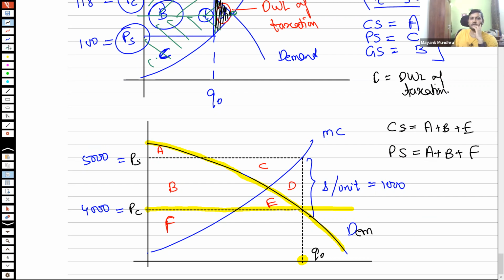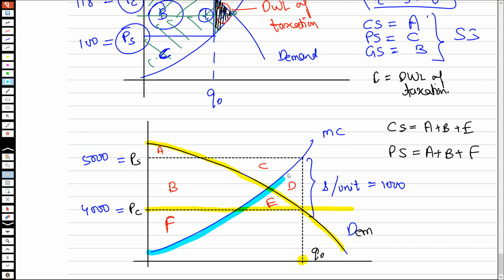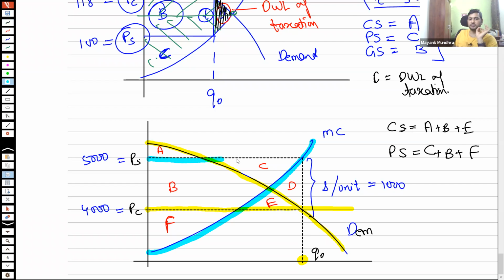First of all, the marginal cost curve is this. Sir, B plus F plus C. Very good. B plus F plus C. Because this is the marginal cost, and the price which firms charge is this much, and this is the quantity as of here. So the total producer surplus is BFC. Okay, C plus B plus F.